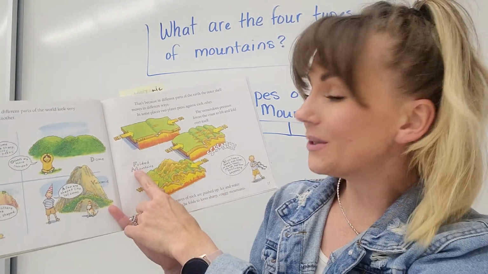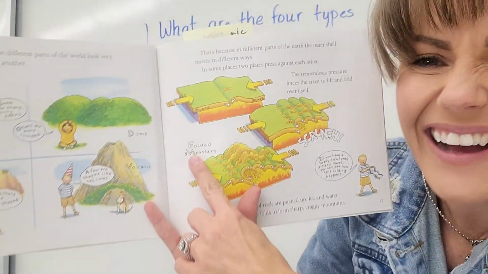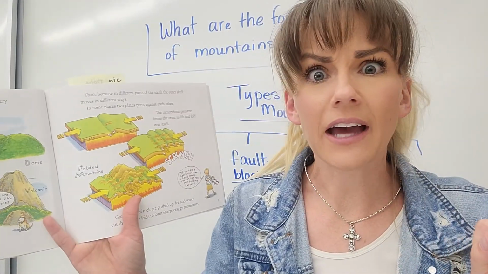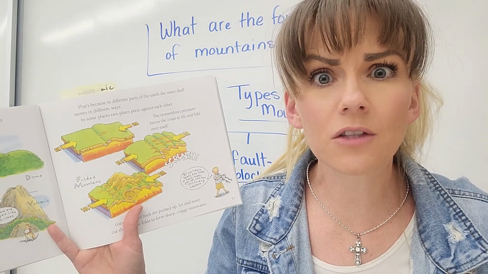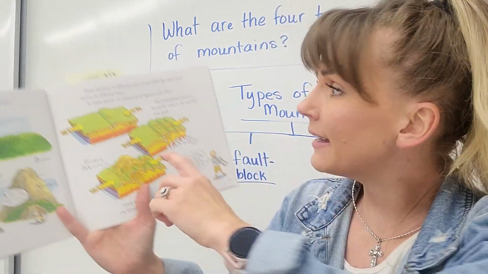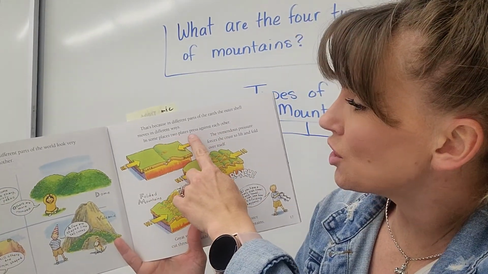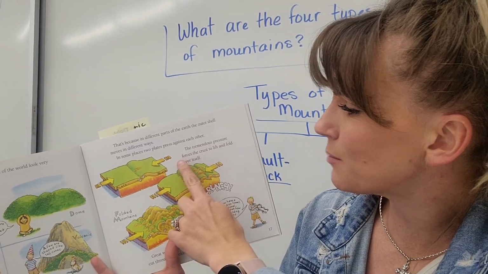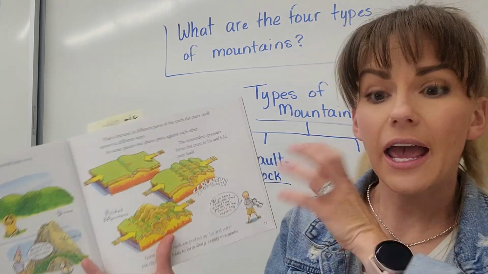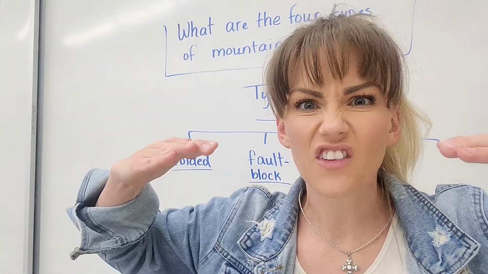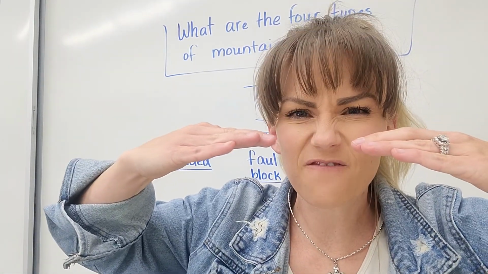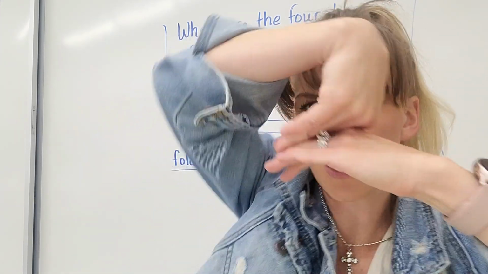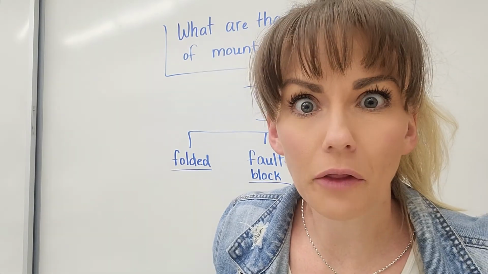So how are folded mountains formed? In some places, 2 plates press against each other. The tremendous pressure forces the crust to lift and fold over itself. So folded mountains are formed when 2 plates push and press and they fold on top of each other.